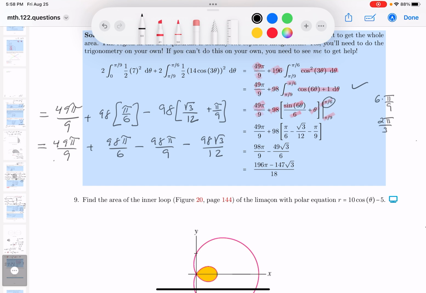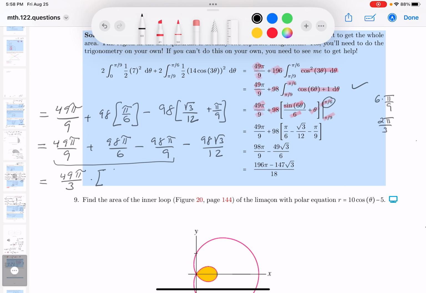And what we're going to do, I got to work on these three guys first. And the way I'm going to do that, I'm going to pull out 49 pi of those three terms. And looking at the bottom, I'll pull out a 3. And again, you may not want to do arithmetic this way. You do it the way you like to do it. So what would you get over there?